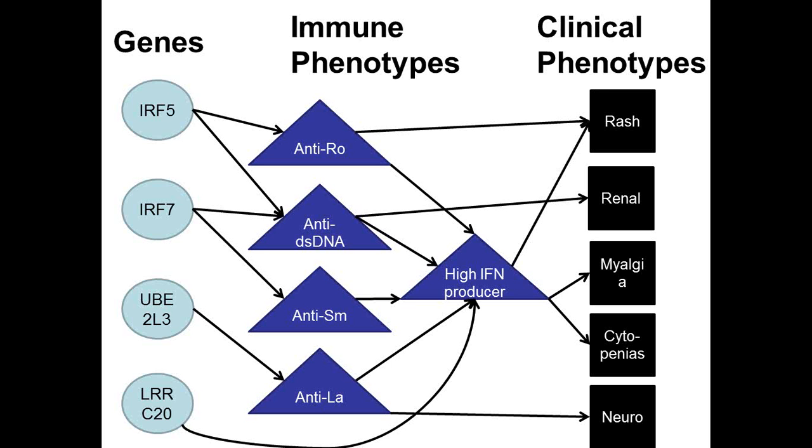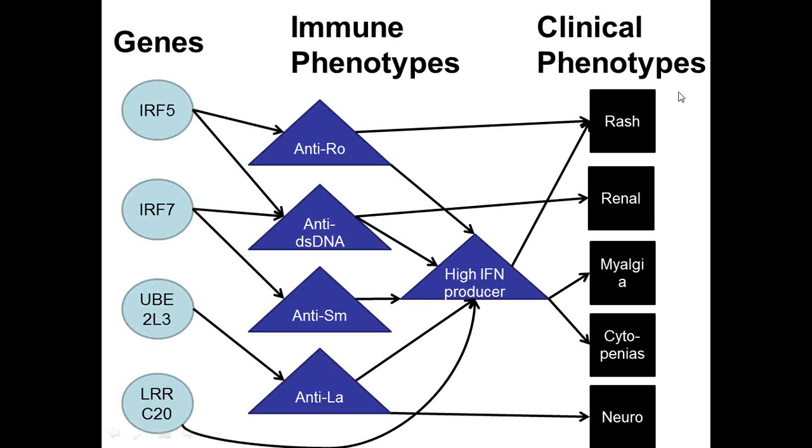When we've tried to link genes on the left all the way over to some of the things that happen in the clinic, like getting a rash or getting renal disease or things like that, it doesn't work very well. So we haven't found a lot of things where we find, this is the lupus kidney disease gene. When we've looked, we've actually come up pretty well empty, or pretty close to empty. What has been really strong is when we look at the genes impacting on parts of the immune system, like, for example, whether you make these different antibodies or whether you make high interferons.